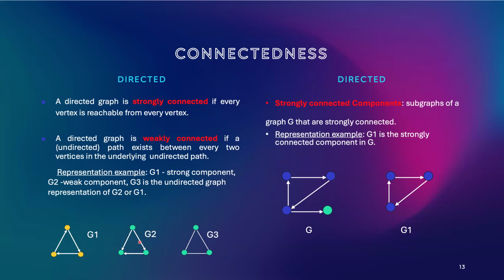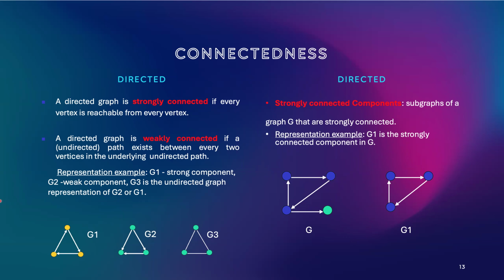And this is G3, the undirected representation of it, right? And if we look at strongly connected components, these are subgraphs of a graph that are strongly connected. So G1 over here is a strongly connected component in G, and you can see why.